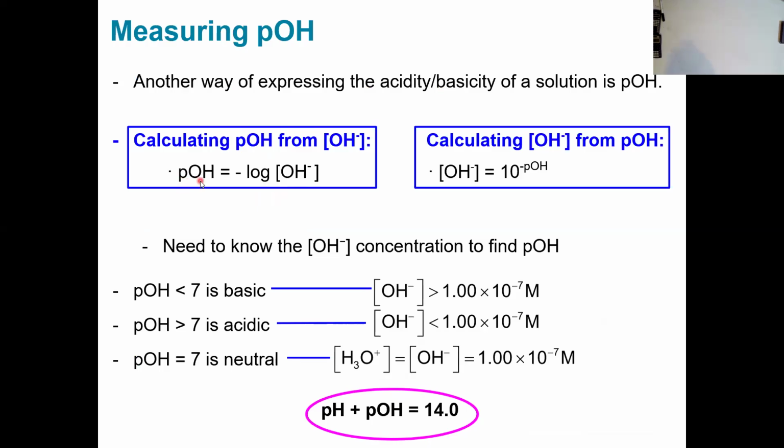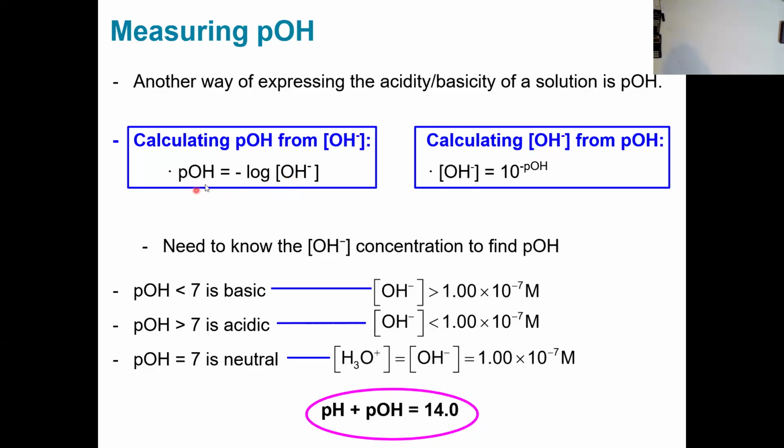To find the pOH from the hydroxide ion concentration, it's just going to be the negative log of your hydroxide ion. To find the hydroxide ion concentration from your pOH, it's going to be 10 raised up to the negative pOH. So the formulas look exactly identical to our pH scale, but with our pH scale, we're using our H plus concentration. And for our pOH scale, we're using our OH minus concentration.